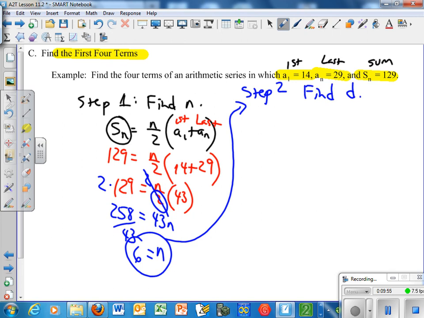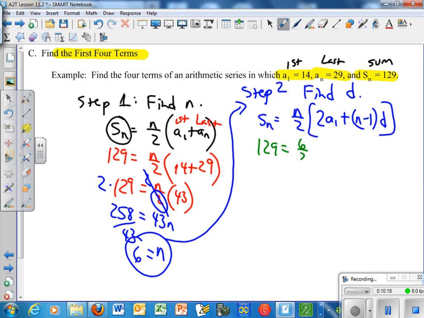So we're going to use the other formula. Sn equals n divided by 2, and then we had 2a1 plus, in parentheses, n minus 1 times d. Let's substitute in here. We know Sn is 129. We now know n, so we're using the fact that we found that n is 6, so 6 divided by 2.